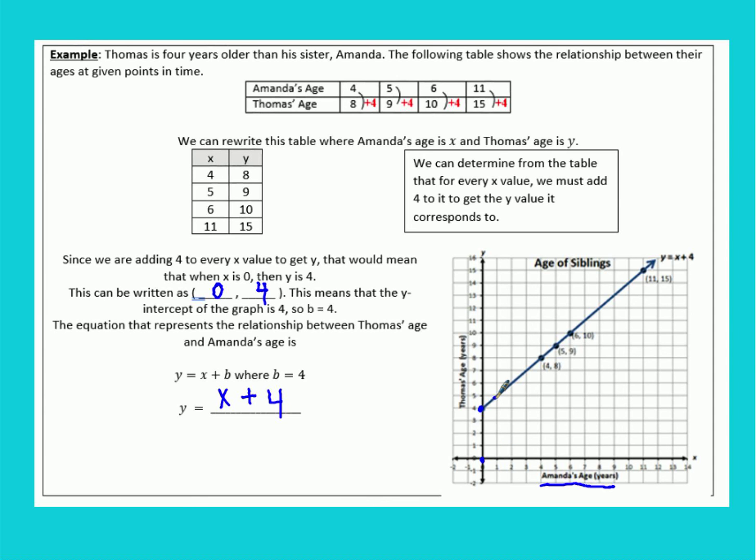When she's 1, he's 5. When she's 2, he's 6. So you just add 4 to her age, and that's going to get us their relationship. So this is additive because you're just adding 4 each time to x, and you're not multiplying x by anything. That's going to mean that the slope here is always just going to be 1, because we don't have a number in front of that x as our coefficient, so the slope is just 1.